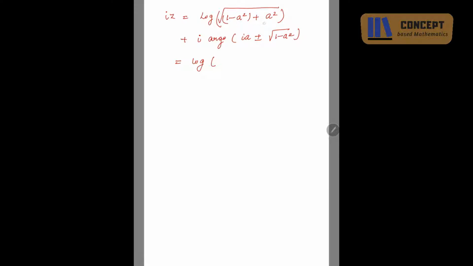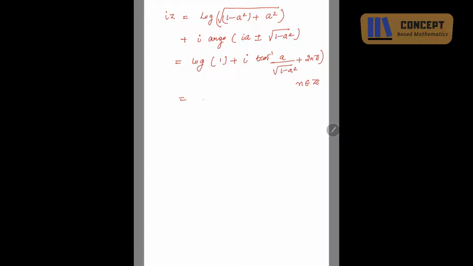A square cancels, so root of 1 is 1, plus iota times the argument, that is tan inverse y over x. Y is a, over root 1 minus a square, plus 2n pi, where n is your integer.